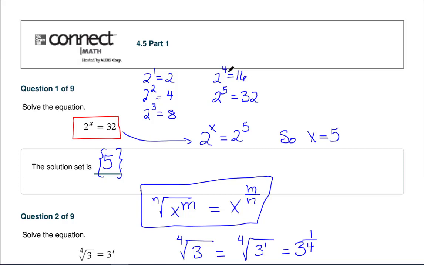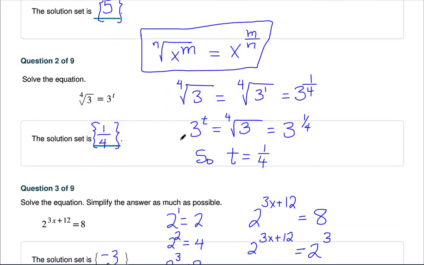That's 4 2's. 16 times 2 is 32. So 2 to the x is 2 to the fifth. And so what I notice here is I now have made the bases the same. Therefore, the x we're looking for is 5.